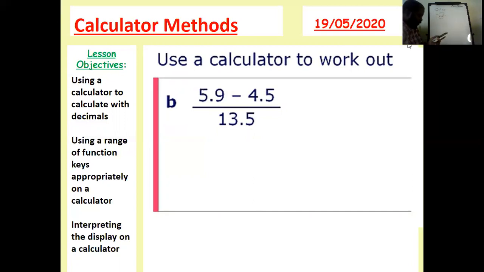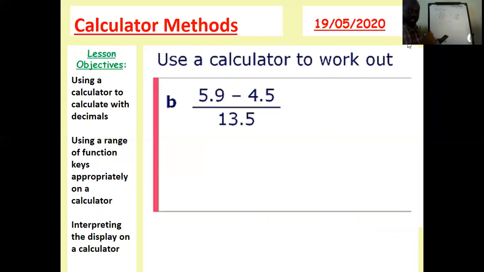Use that fraction button to do this calculation. As usual, press the on button, press the fraction button, now type in 5.9 take away 4.5. Move the cursor, the downward arrow in the middle of the calculator, to go to the denominator and type in 13.5. Then press equals. You get your answer as a fraction, which is 14 over 135.